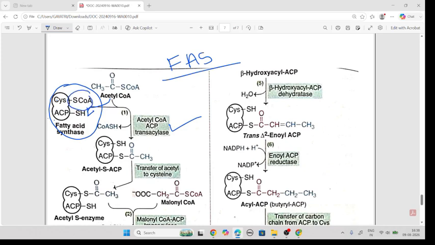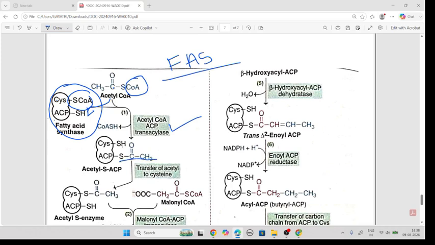The SH will remain and this entire part is going to come here. Now you can see that S, C double bond O and CH3 is attached to the acyl carrier protein part of your fatty acid synthase.